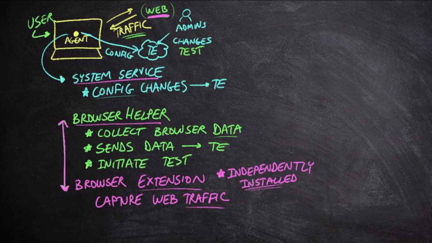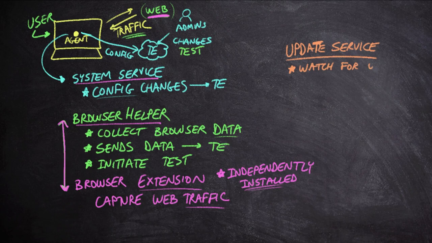Now, the fourth component is going to be the update service. The update service is appropriately named. It doesn't take much explanation here, as you might guess. Its job is to update the endpoint agent on an as-needed basis. So the way this works is it's going to watch for updates.